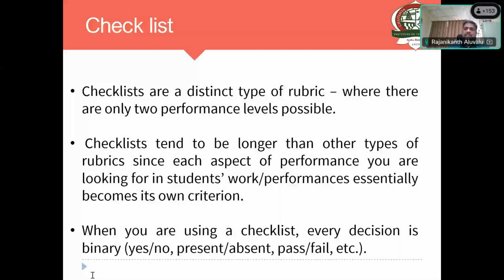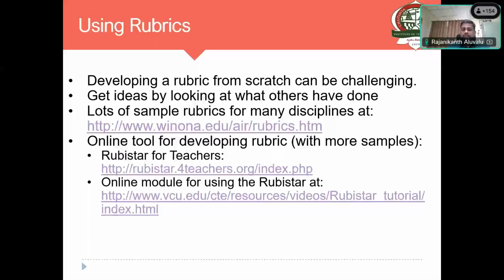So these are the various kinds of checklists and rubrics that are in place. And rubrics have to be widely used in outcome-based education assessment. As I said, developing the rubrics and getting expertise takes some time.